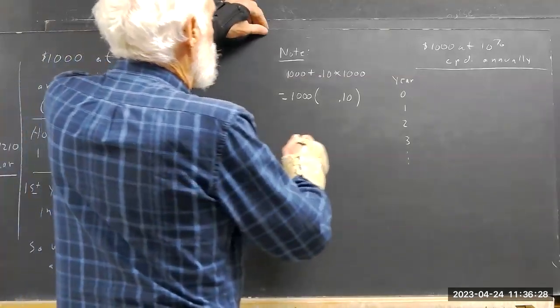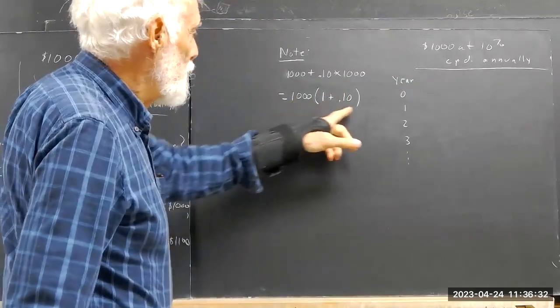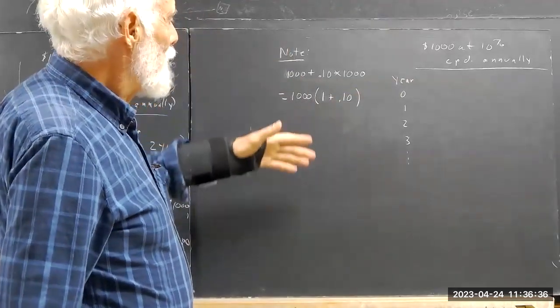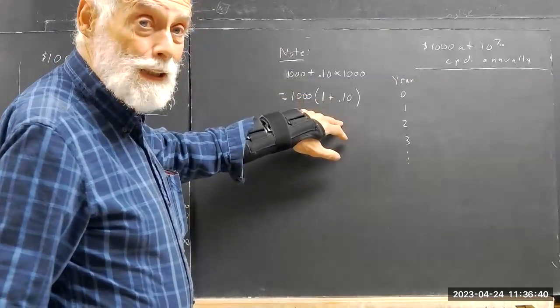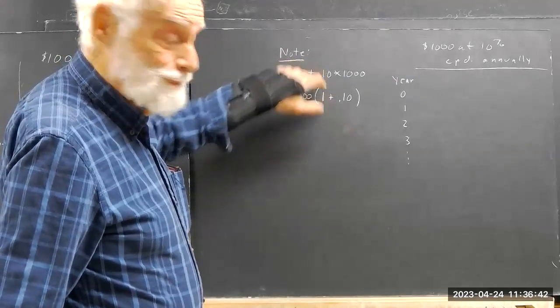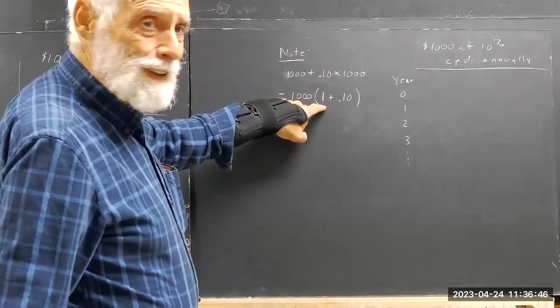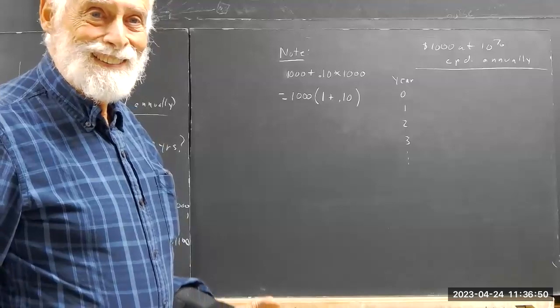Okay, it's got to be 1,000 times 1 plus 0.10, because now if we multiply it out, we get this. And so if we factor, remember, we always then do the multiplication, make sure we have what we started with. And if we do that, then eventually we're going to see the 1, and that's exactly what we saw here.